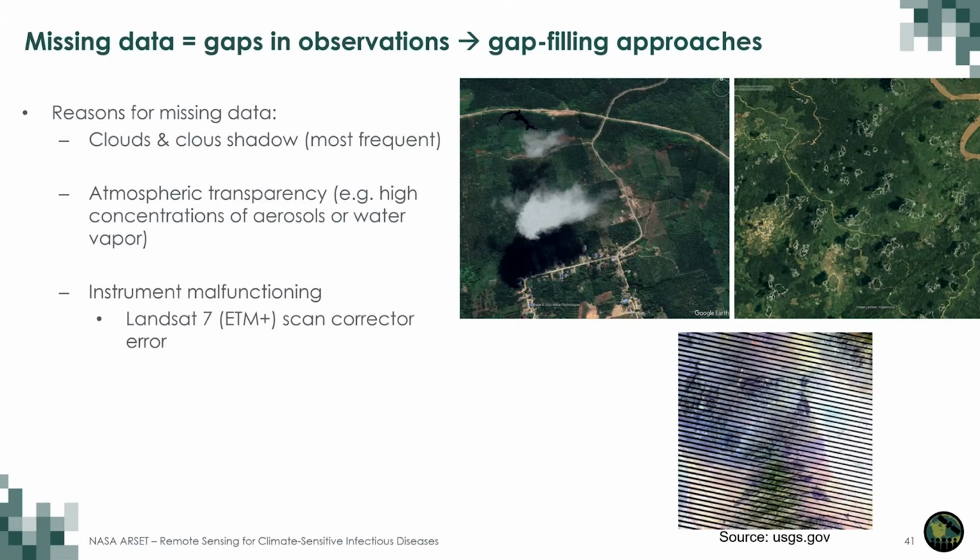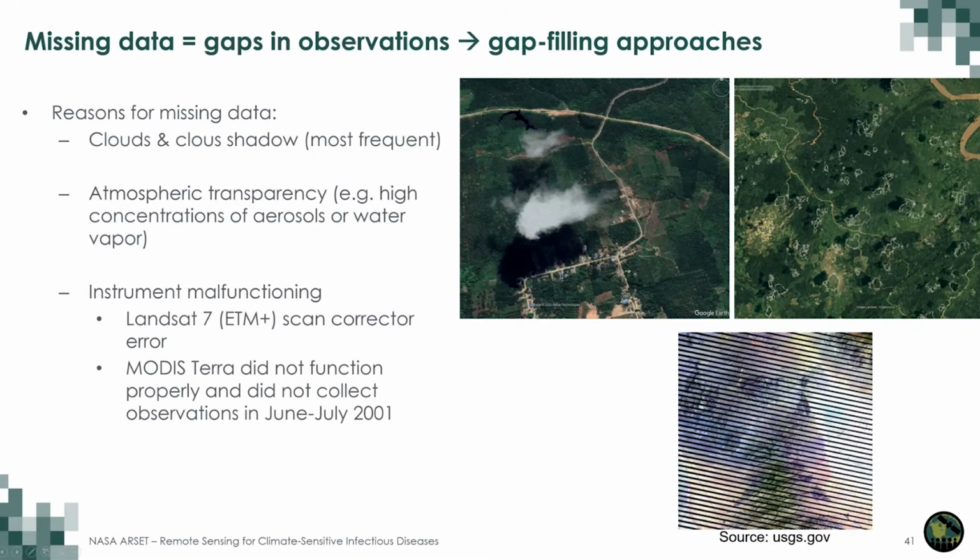The most well-known example is from Landsat 7, the ETM+ sensor. The scan corrector died in early 2003, and for at least 5 to 10 years after that, all our imagery for moderate resolution satellite looked like that, with gaps in the images where no data is available and there was nothing that could be done about it.